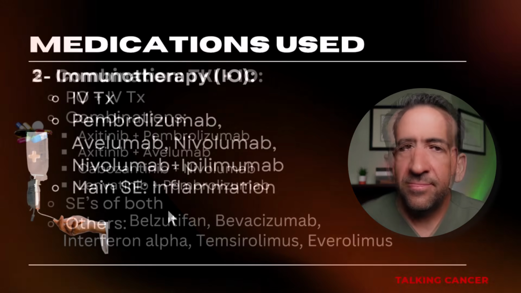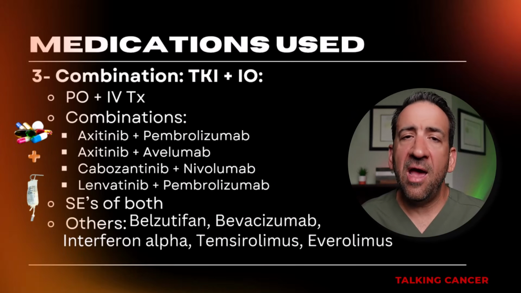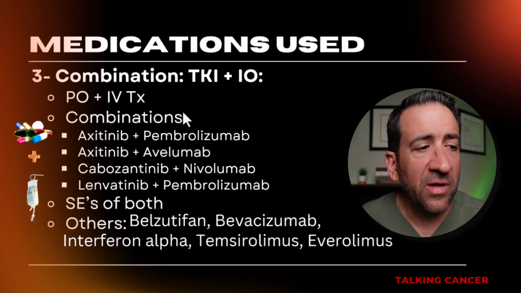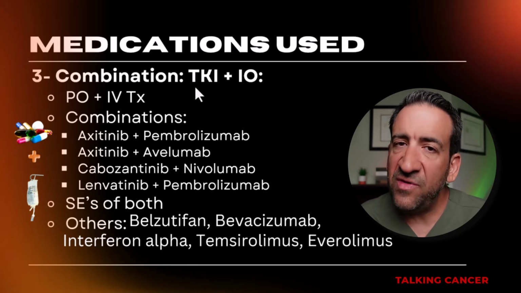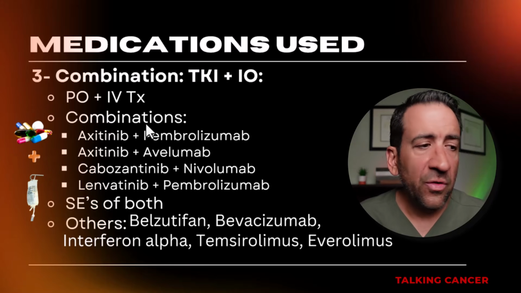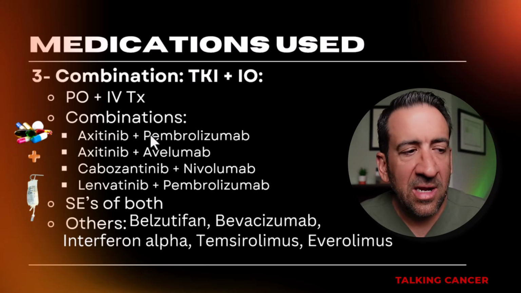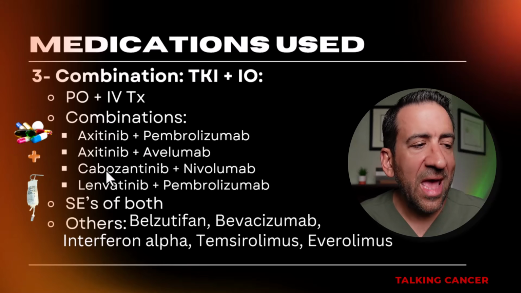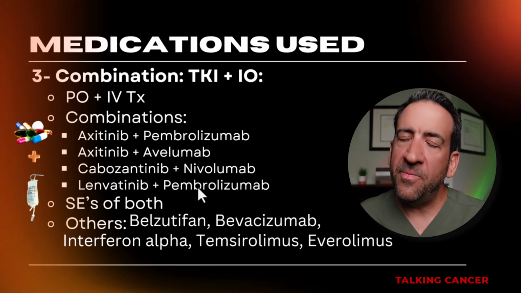So let's move on. Another option your doctor can have is giving you a combination of drugs. So for example, we can give you a combination of TKI, the pills, together with immunotherapy in the vein. So there are many combinations available, like axitinib with pembrolizumab, or cabozantinib with nivolumab, lenvatinib with pembrolizumab. Many options, okay?